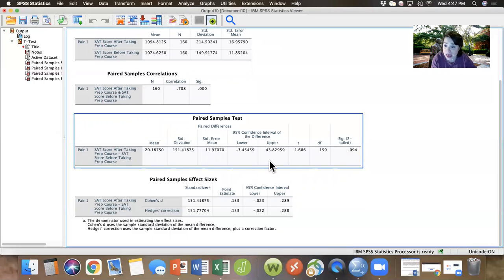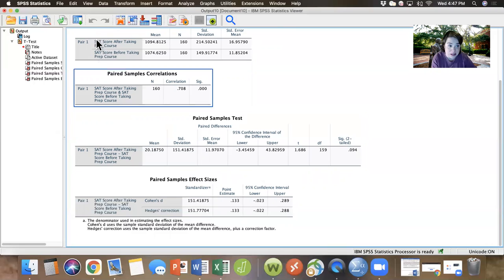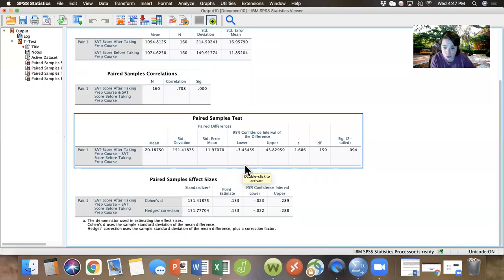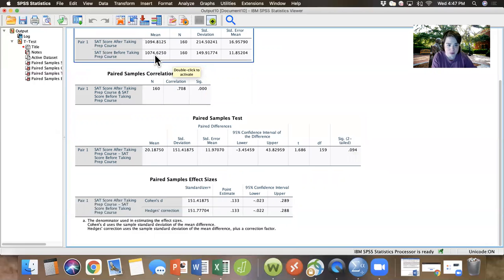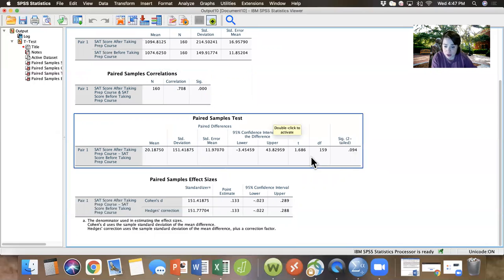So how do we know if this is a significant difference or not? Well, we're going to apply the same decision rule that we always do. If our significance value is less than 0.05, then we reject the null hypothesis that these means are equal. But it looks like our significance value is 0.09, which is bigger than 0.05, so we have to retain the null hypothesis.